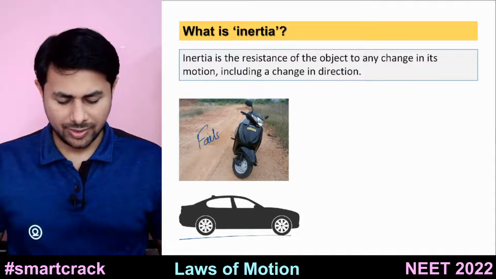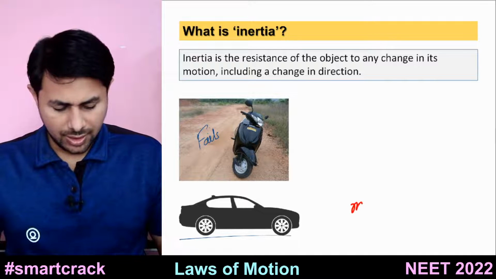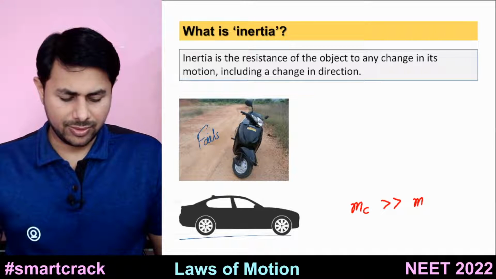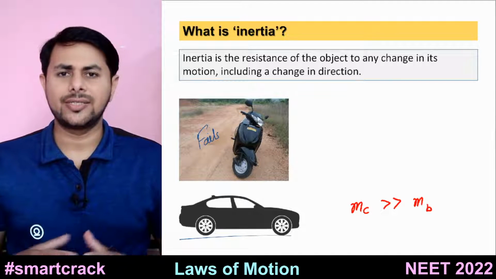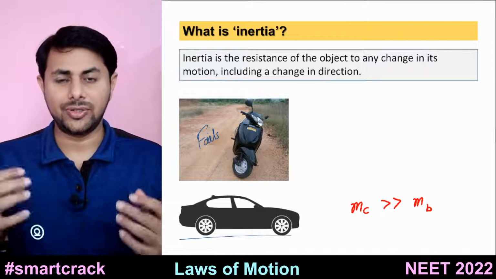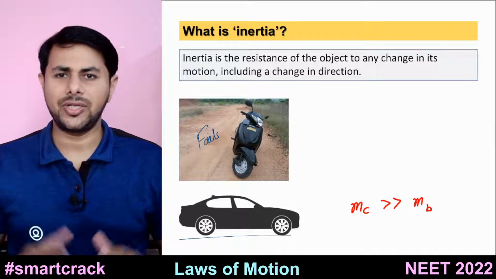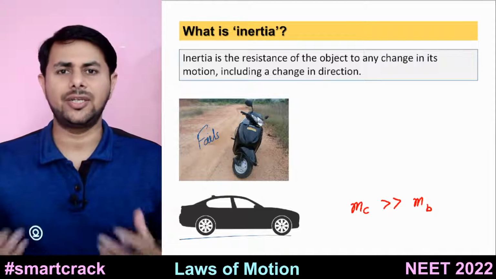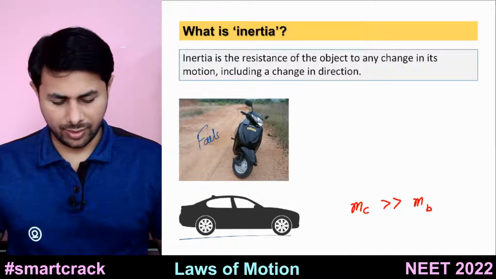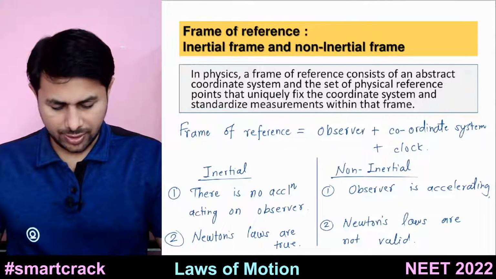So mass of car is much more compared to mass of bike. Okay, and this mass gives the tendency of a body to resist the change in motion. So if mass is more, then tendency of body to resist the change in motion is more, and we say that its inertia is more. So this is about Newton's first law.